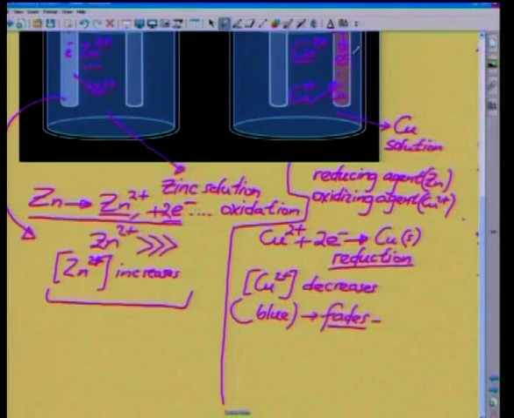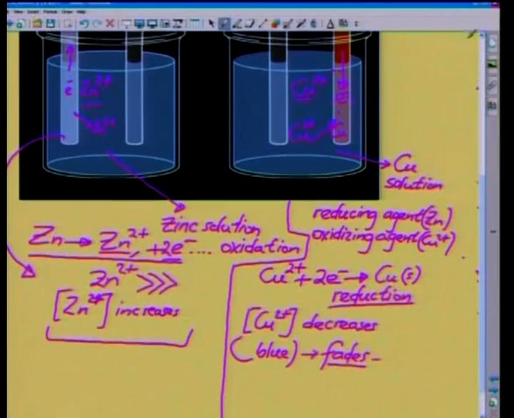As Cu2+ receives electrons and becomes copper sticking on this copper electrode, we'll see a build-up of copper around this electrode. So this electrode is going to increase in mass.